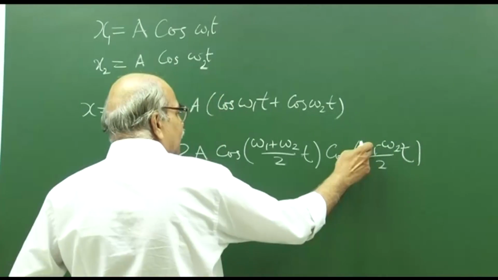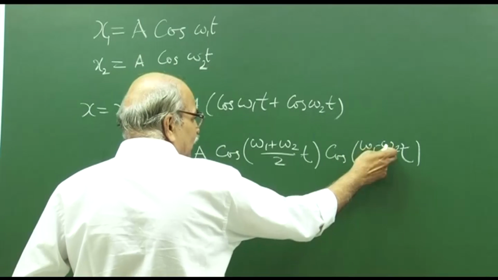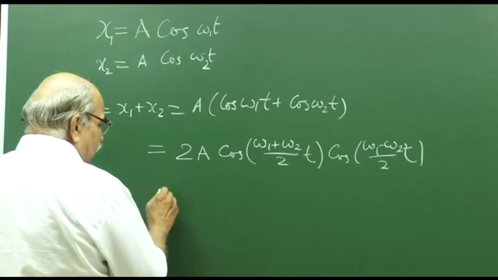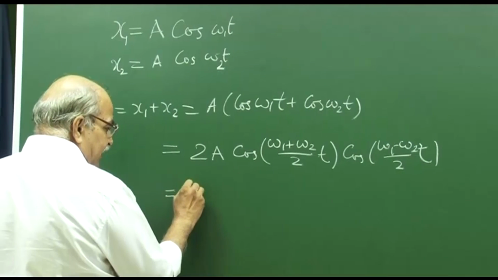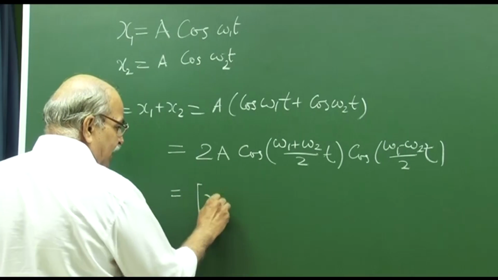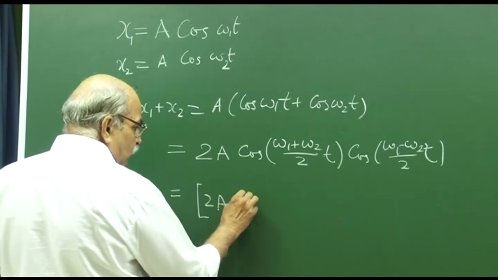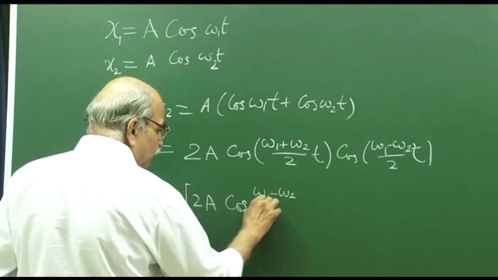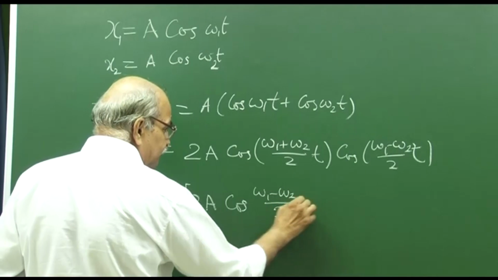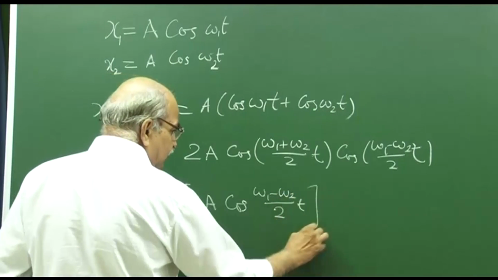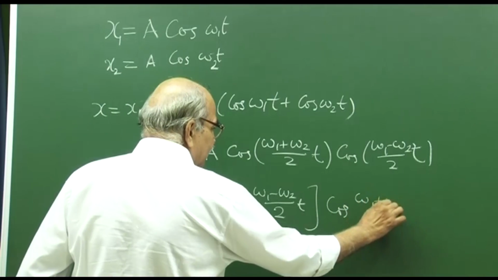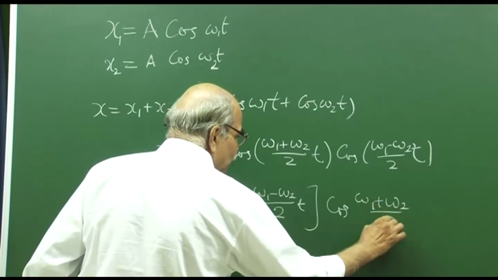So, whether it is omega 1 minus omega 2 or omega 2 minus omega 1 does not matter, it is cos. Now, let me rewrite this as 2a cos omega 1 minus omega 2 by 2 t, and then this factor cos omega 1 plus omega 2 by 2 t.